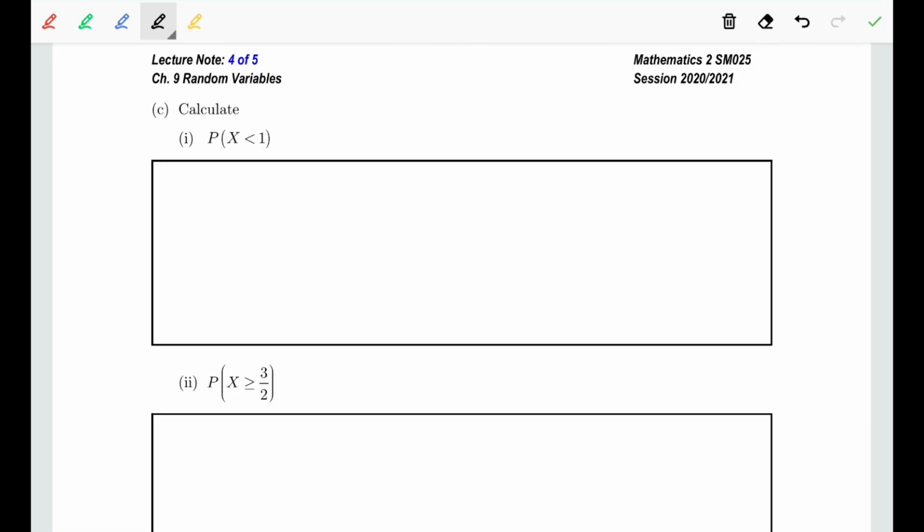Okay, the next part, C. The question asks to calculate the probability. This is the probability for x less than 1.